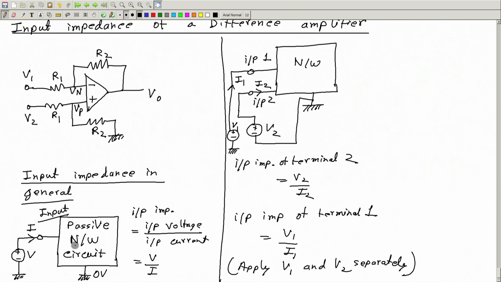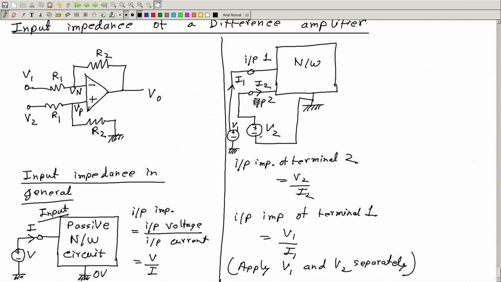In general, if you are finding these input impedances in an experiment in the lab by applying some voltage and measuring the current with an ammeter, then apply them one at a time, because if you apply V1 and also have V2 connected simultaneously, then V2 may affect this current I1, and V1 may affect this current I2.